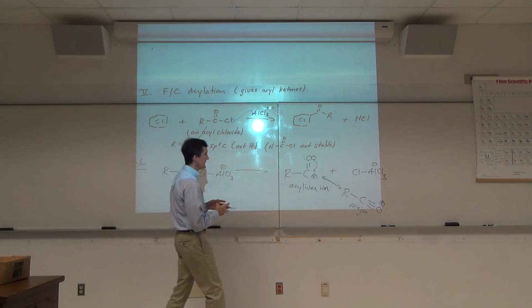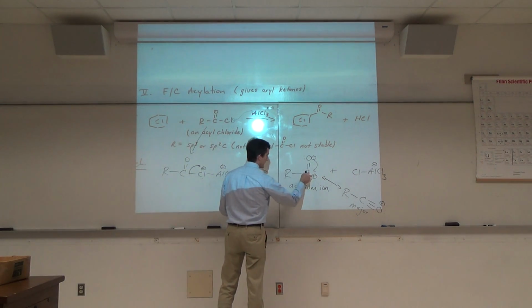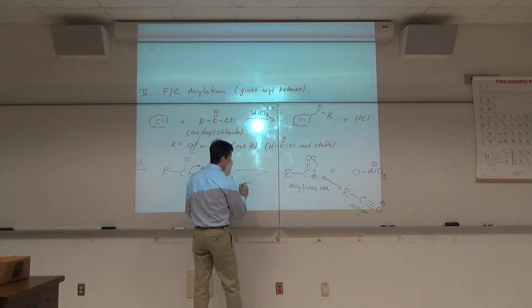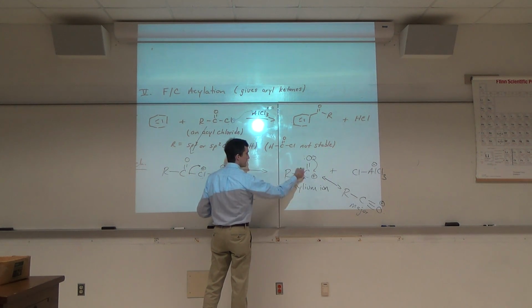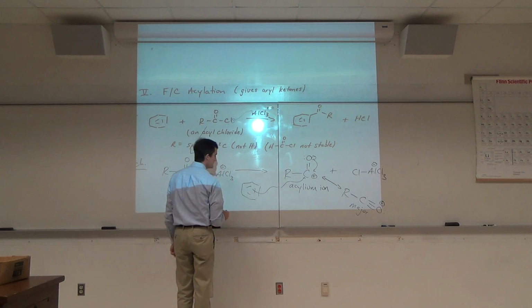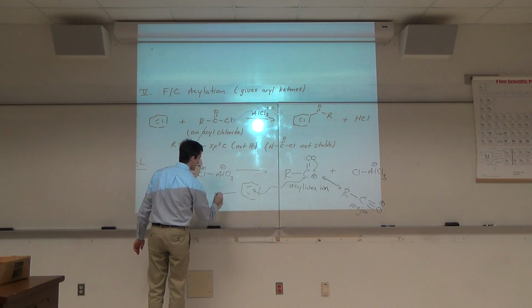And once you get your acylium, you can attack here. And so your benzene ring, these electrons attack. You don't have to move any electrons away, you just attack the plus. And off you go.